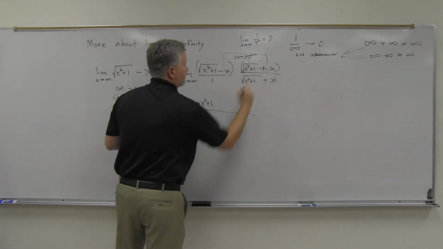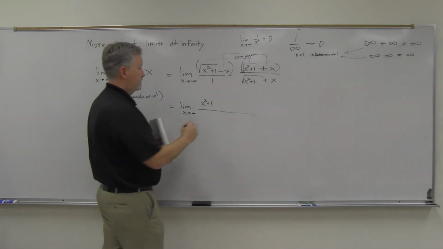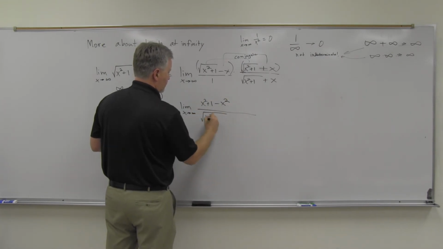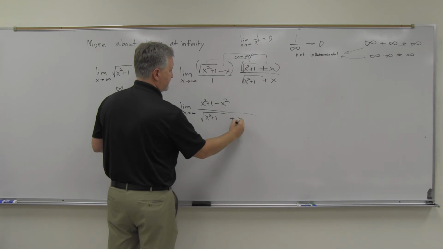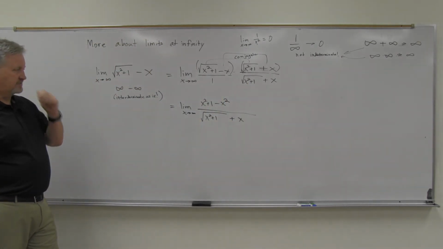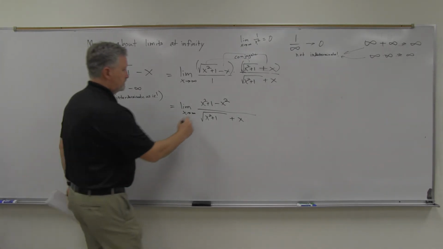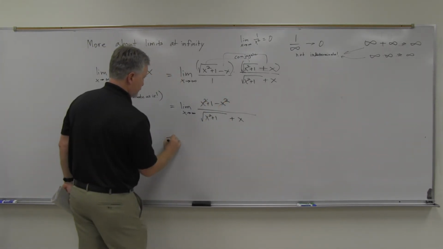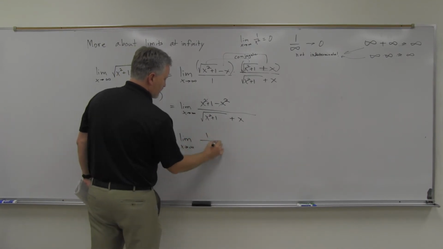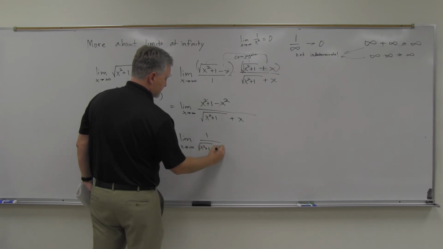And then the other piece is minus x times positive x, which is minus x squared. And the bottom, since it's 1 times that, is just the square root of x squared plus 1 plus x. So far so good? Well, nicely, the x squareds cancel on the top, and we're left with 1 over the square root of x squared plus 1 plus x.